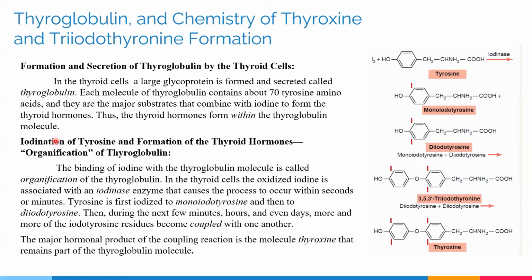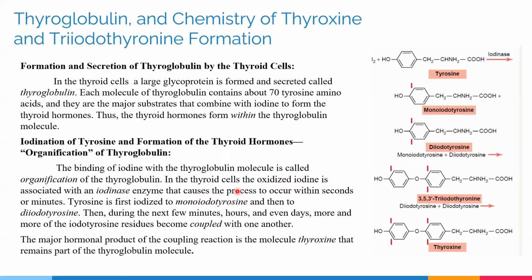Next, we look into iodination of tyrosine and formation of the thyroid hormones, which is also known as organification of thyroglobulin. The binding of iodine with the thyroglobulin molecule is called organification of thyroglobulin.